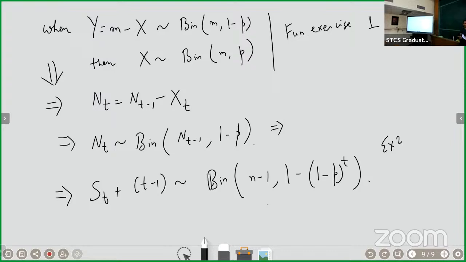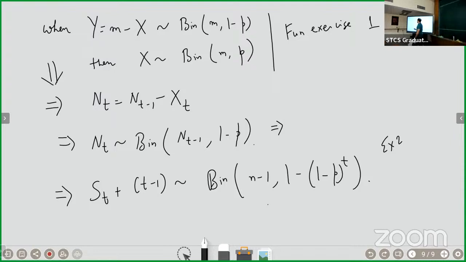All you have to compute is the probability that S of t is greater than 0 for one particular vertex, and then plug in n from the outside. What is the probability that St is greater than 0? This binomial is greater than t. That's all, and that you can compute. Pretty straightforward. So all the work is in this fun exercise. Once you have this, it is automatic.